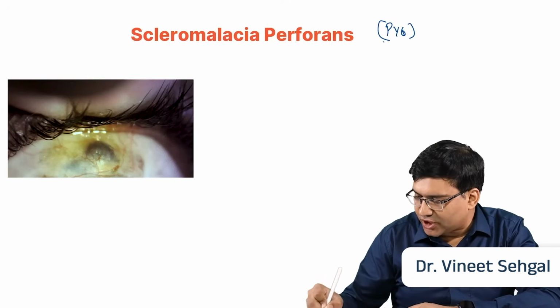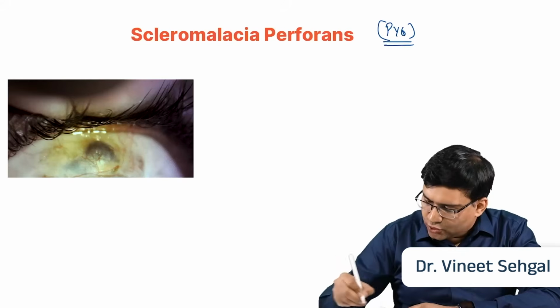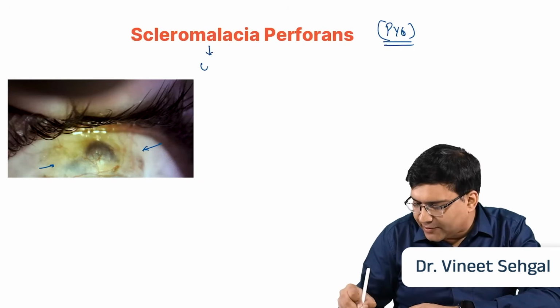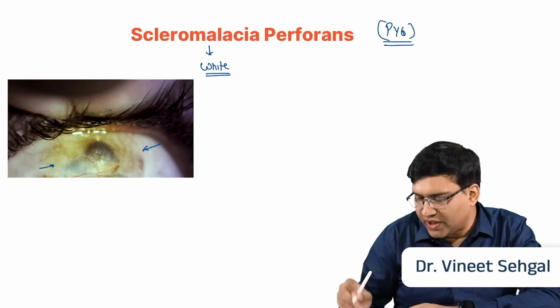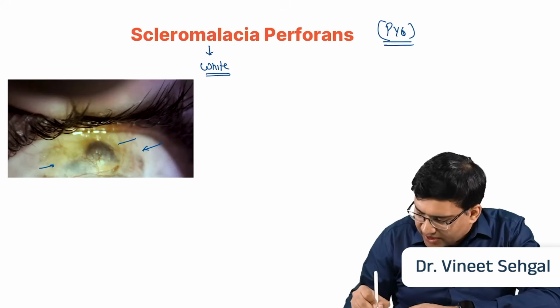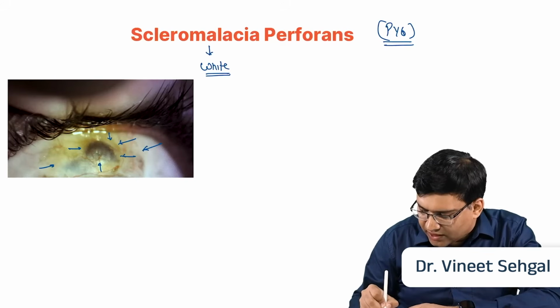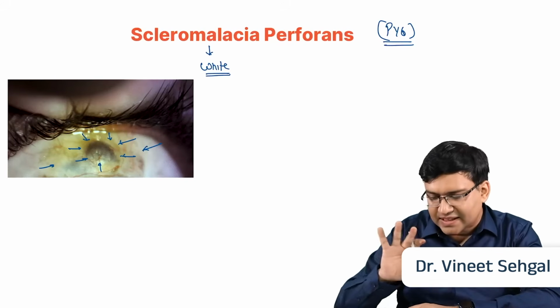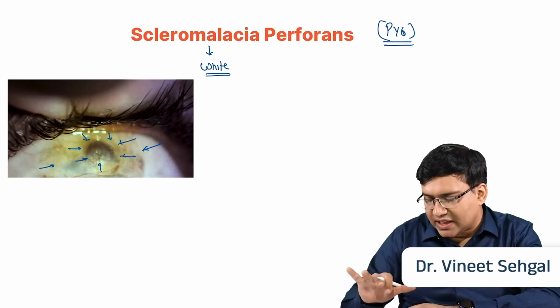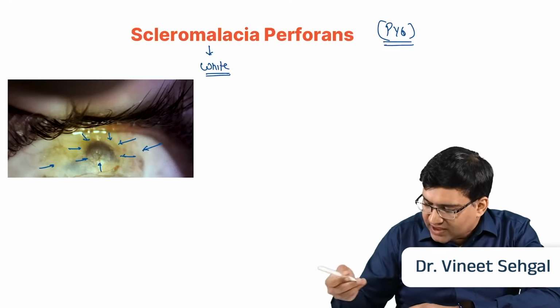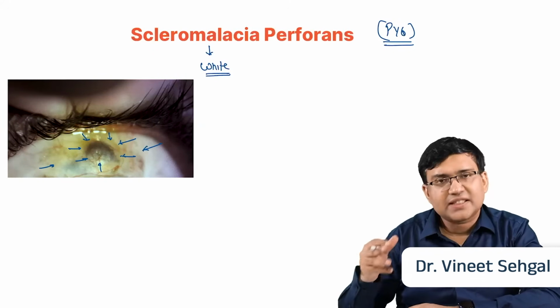Now here, as you can see in this picture, the sclera is white. There is no inflammation. But as you can see here, there is a scleral thinning, and because of the scleral thinning you can see the uveal tissue as well. So this can also be confused with staphyloma.